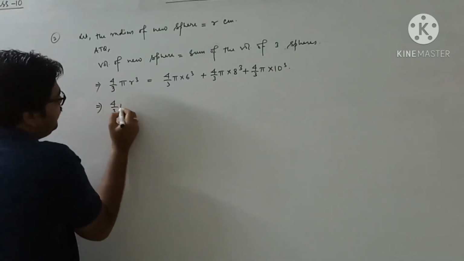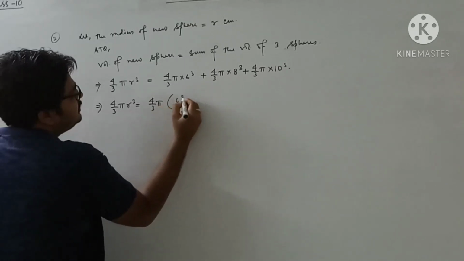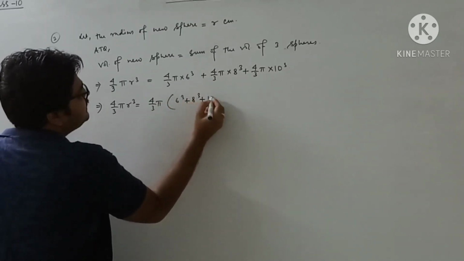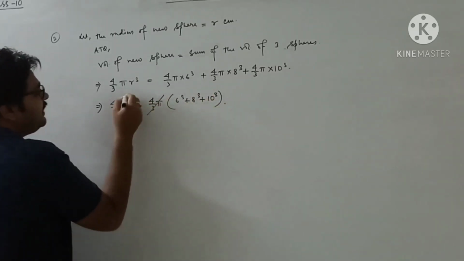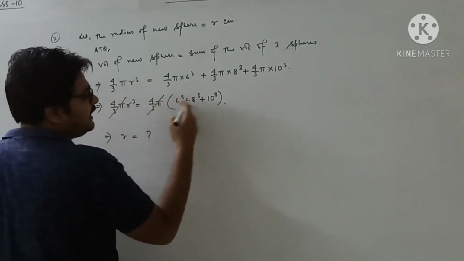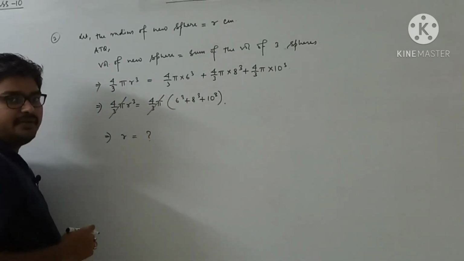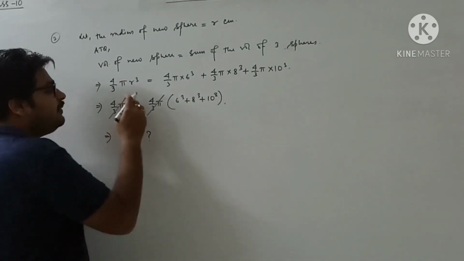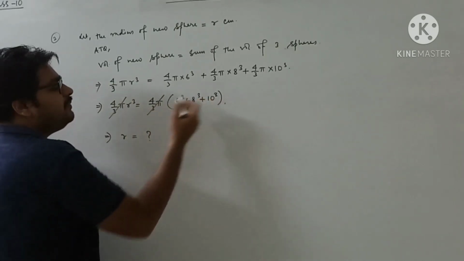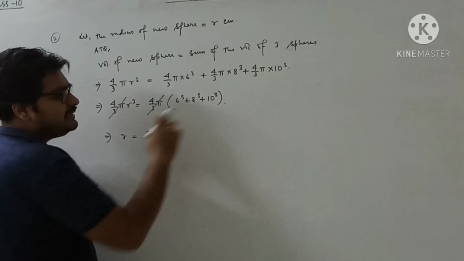So 4 by 3 pi r cube equal to 4 by 3 pi, you can take it out. So it's 6 cube plus 8 cube plus 10 cube. I think you can calculate to get the value of r. After doing the cubes you add them, then you do the cube root to find out the value of r. And don't make this mistake. If you omit the cube from here, and this side also from each omit the cube, no, that is wrong, because the addition sign is here.